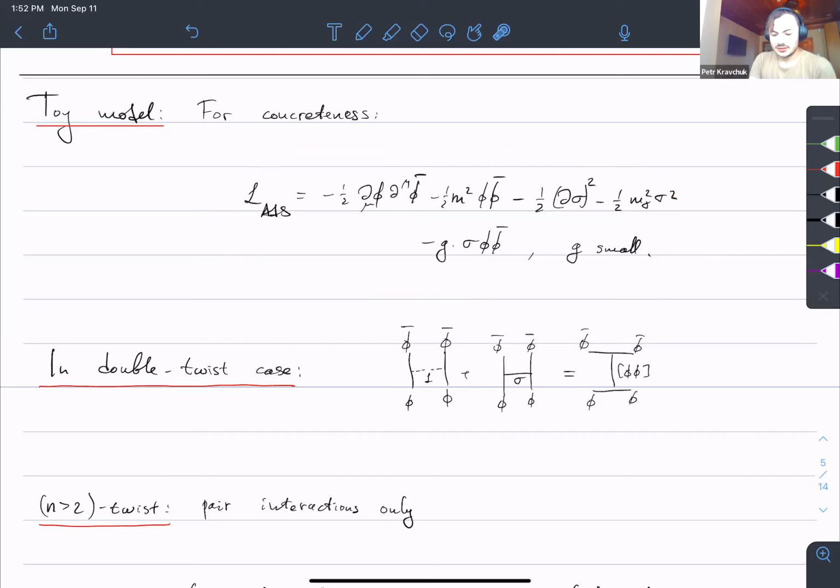Basically, when I say G small, what I mean is I want to consider exchange diagrams, not two-body, but pair exchange diagrams like this. And you can view this as maybe an effective Hamiltonian.